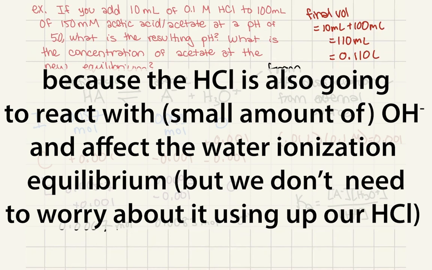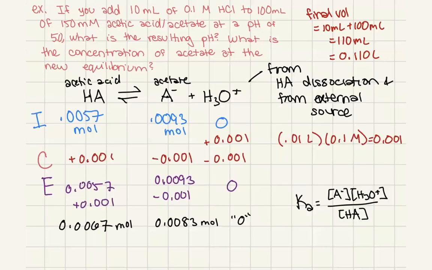Remember, we're adding acid, so we would expect that at the end of the day, we're going to have more protons in that water. But it's kind of complicated, and we're going to figure out the pH based on the Henderson-Hasselbalch equation using the amounts of acetic acid and acetate that we have left over, not based on the H3O plus that we have in this table. And we'll see that at the end.